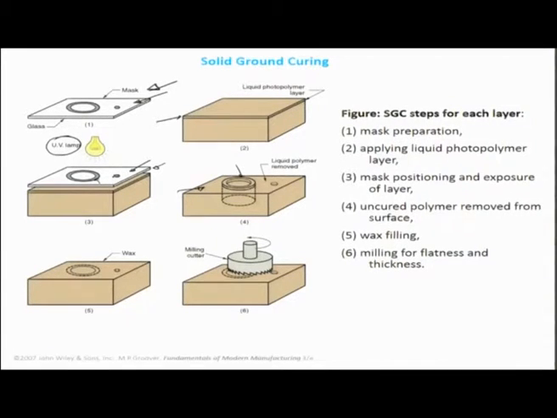Now we remove the liquid polymer which is not cross bonded. Remember, in stereolithography we were trying to get the liquid polymer again and again. In this case, we are going to remove the liquid polymer which is exposed, in this particular case, debonded. So that liquid goes away, and the moment that happens, we cover this with a wax layer.